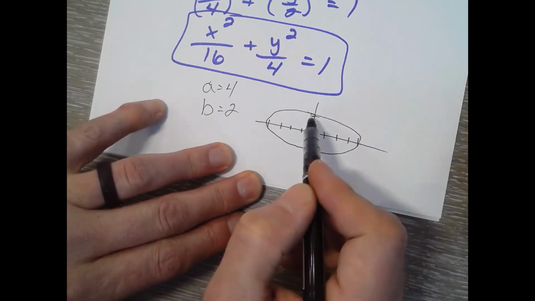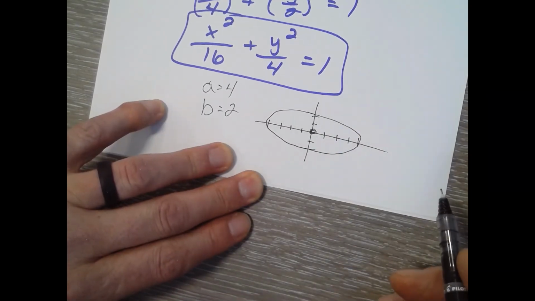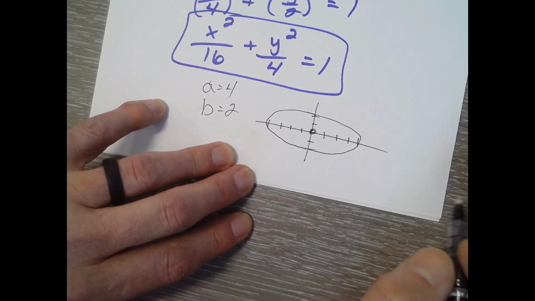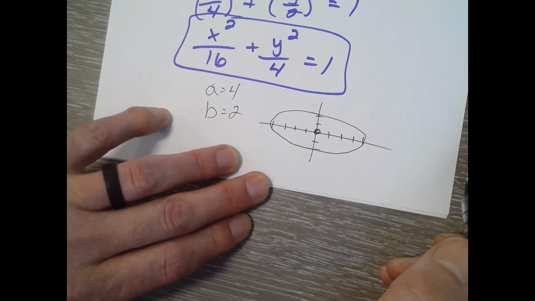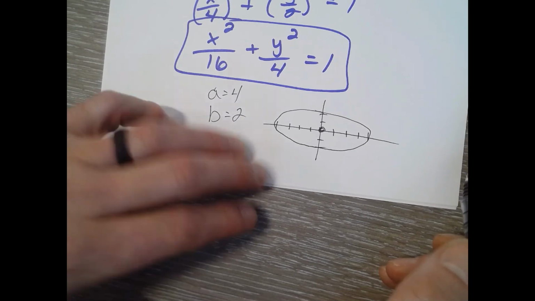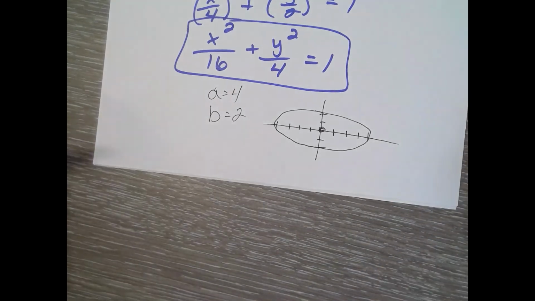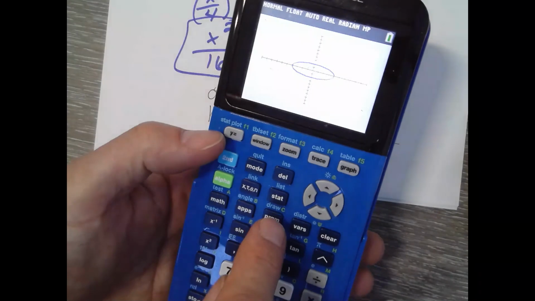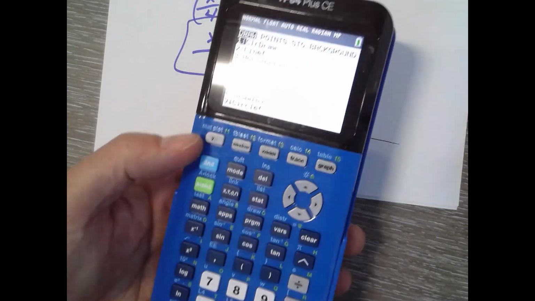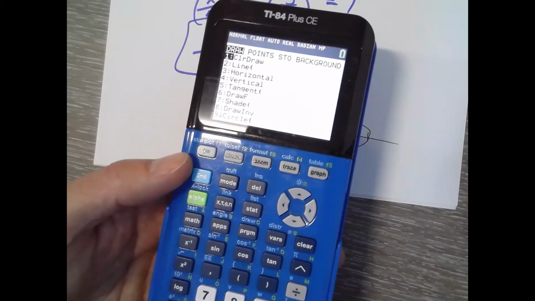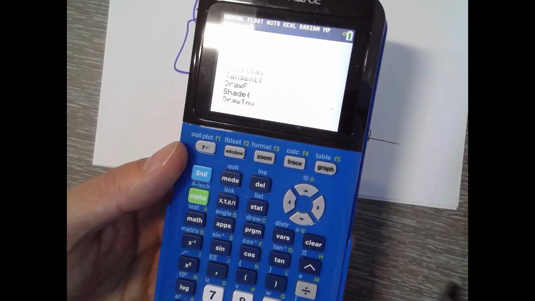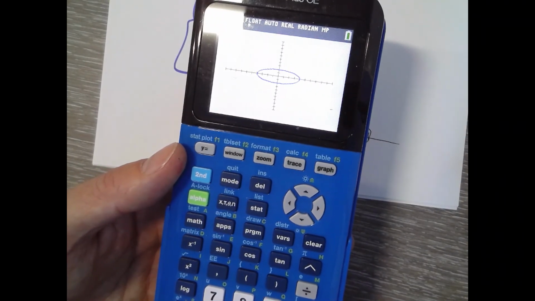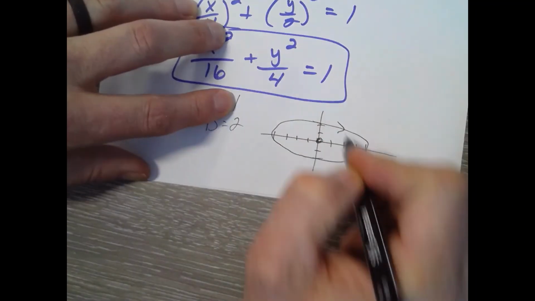Clockwise or counterclockwise? Okay, we weren't paying attention. So I'm going to clear drawing. You can go to draw right here, hit second draw, clear drawing, and then it draws it again. Okay, so make sure we draw our arrows.